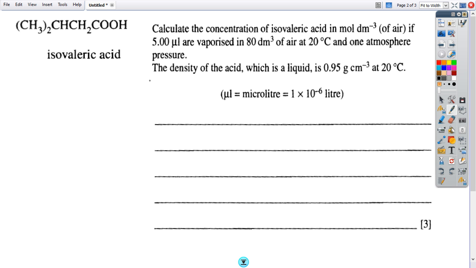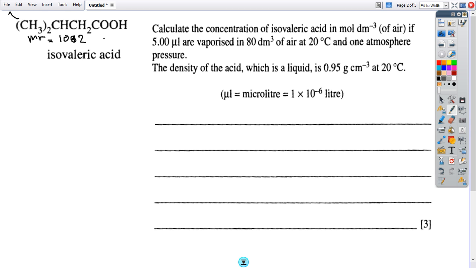So first thing that we'll do is we'll just write the molecular mass of that, which is 105, sorry, oops, first mistake, 102. Okay, and we'll come back to that later on, alright?